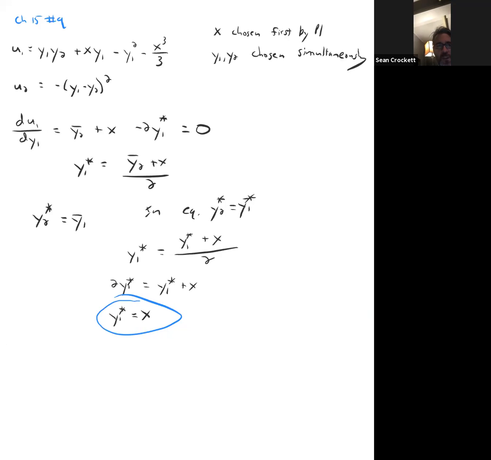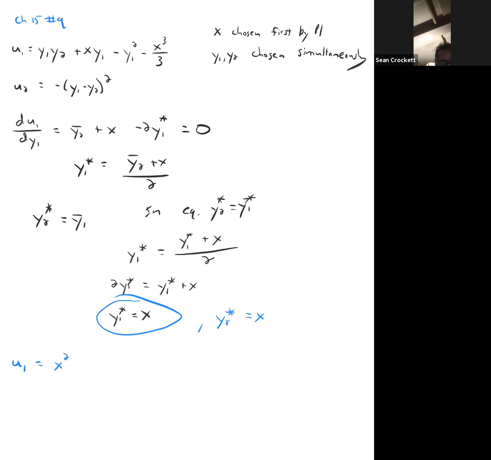Okay? So we can make that substitution into player 1's profit function, knowing what's going to happen there, and also knowing that y2 star is going to equal x because y2 star is going to equal y1 star. So his utility function in the first period, you're going to make the substitution for both y1 and y2.